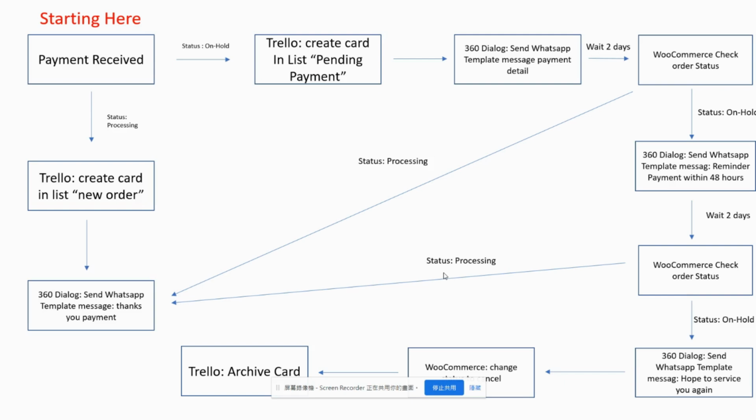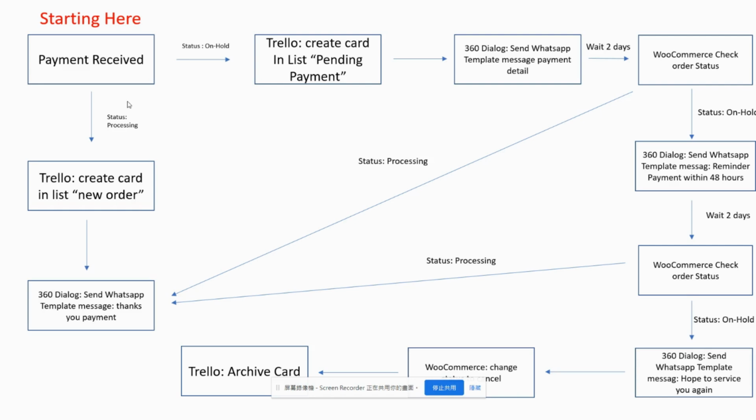But if the customer pays by bank transfer or other methods, the order status turns to on hold, and we wait for the payment from the customer. Then we need to change it manually after receiving the payment. So what if a customer forgets to pay the order? Let me tell you how my flow handles it.